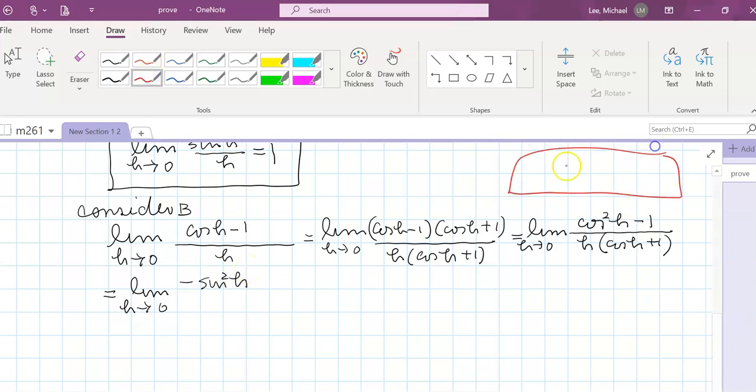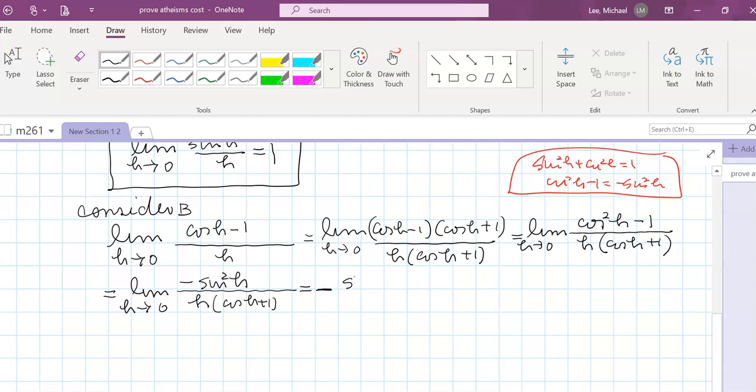We have sine squared h plus cosine squared h equals 1, so cosine squared h minus 1 is negative sine squared h. So now this is sine squared h over h times cosine h plus 1. I take the negative out and put the limit back.